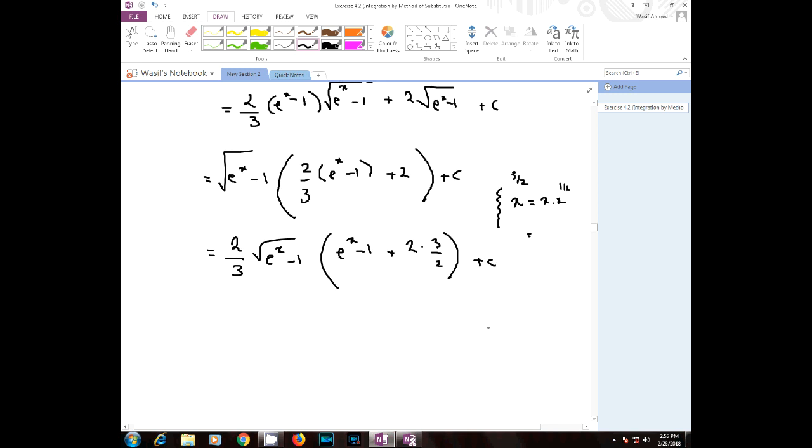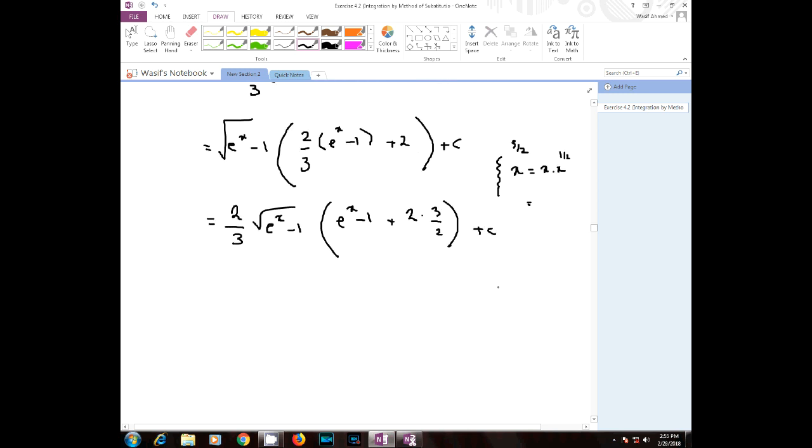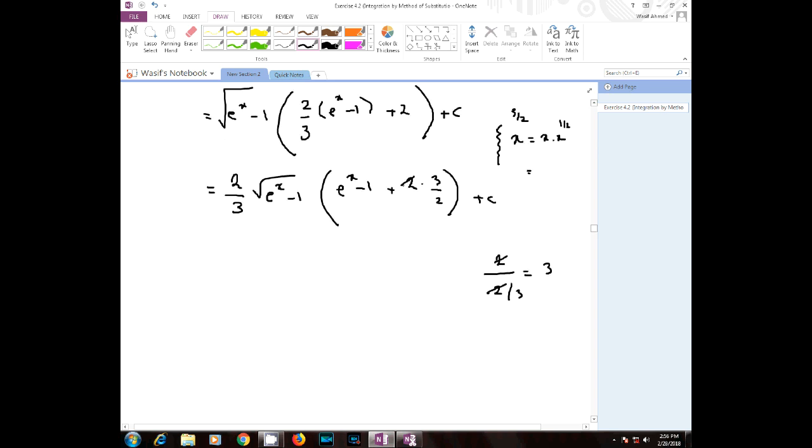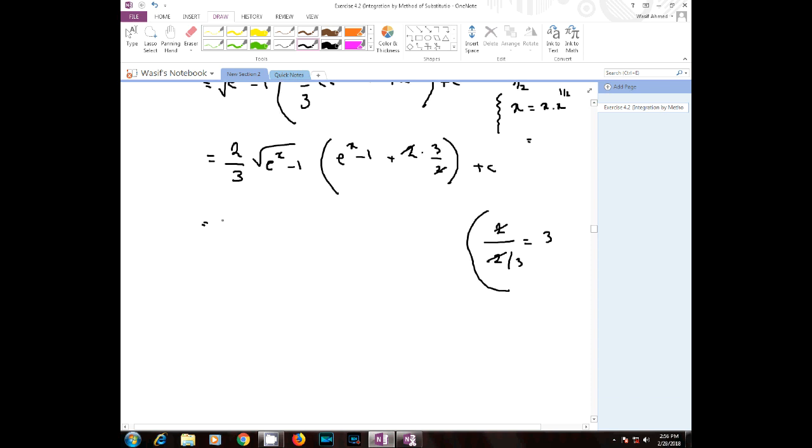This means that you have to divide the inside terms by 2 by 3. Therefore, when you divide 2 by 3, you have just 3 left. Therefore 2 gets cancelled with this 2, and you have 2 divided by 3 square root e raised to the power x minus 1 times e raised to the power x minus 1 plus 3, that is plus 2, plus constant of integration. Let me check again.